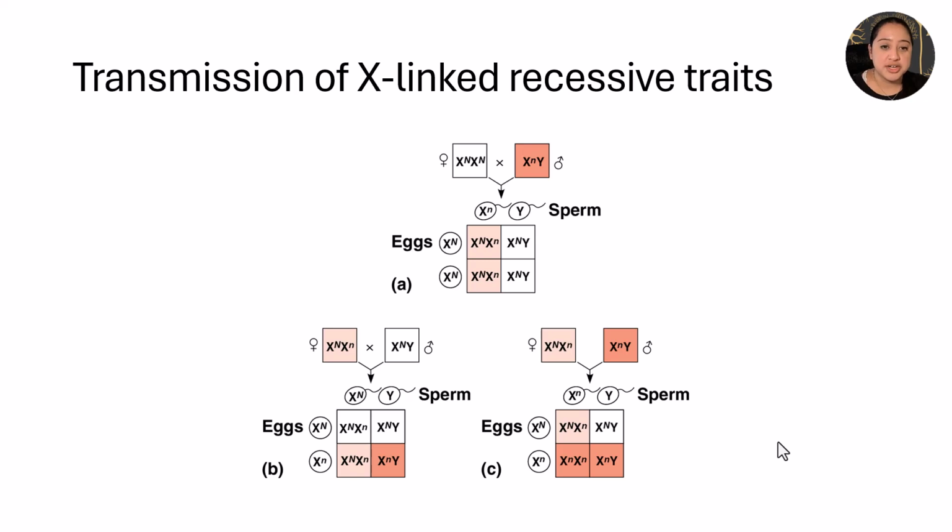So here is an example of a recessive case. Here we just have N for anything, but let's imagine it's color blindness. So if it's recessive, it's a lowercase n, and dominant, not colorblind, is a capital N. And if it's sex-linked, then you put an X if it's linked to the X chromosome.